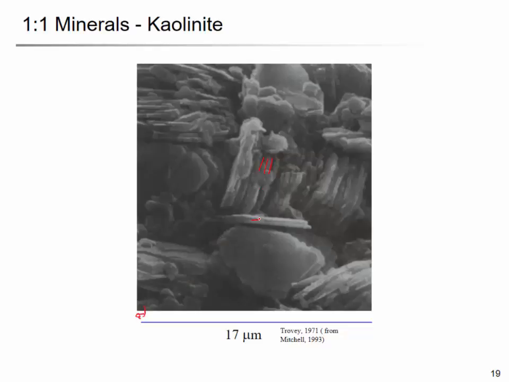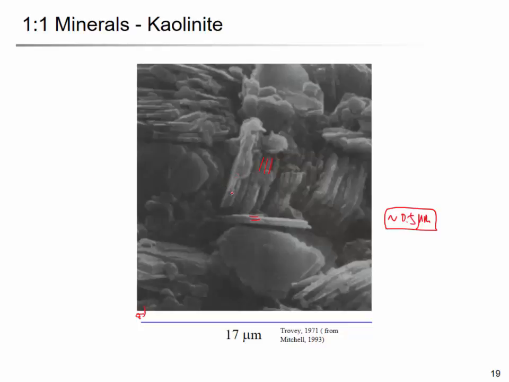And this one itself is around 0.5 micron. Right? So each plate will have a stack of the basic unit. Inside here you have hydrogen bonding between the basic units.